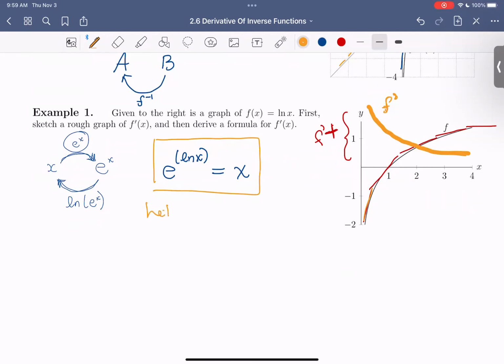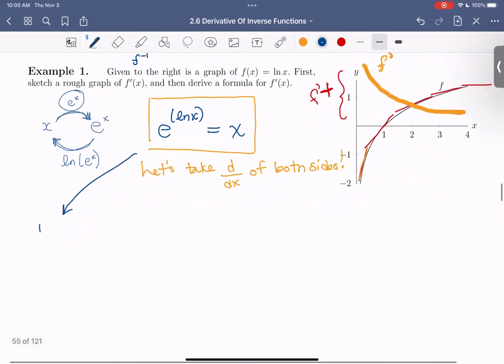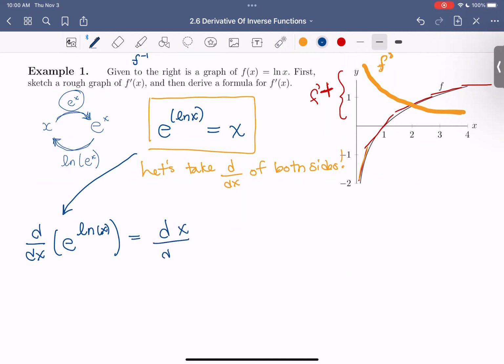So why not take the derivative of both sides? All right, let's do that. So what happens? The left side is the derivative of e to the ln of x, and the right side is the derivative of x with respect to x.